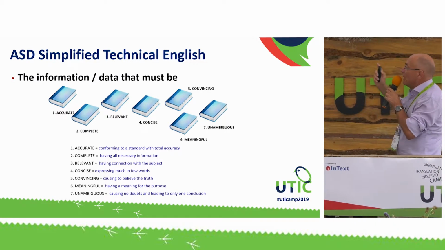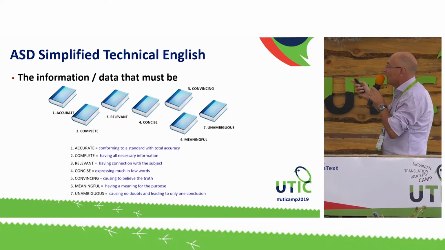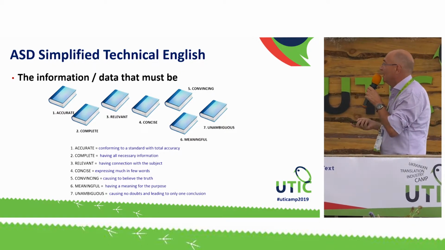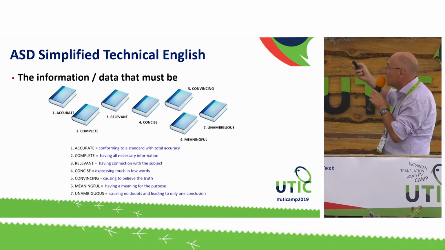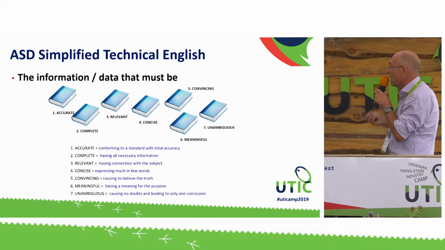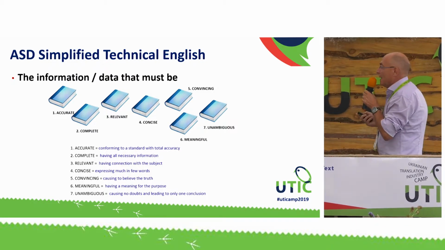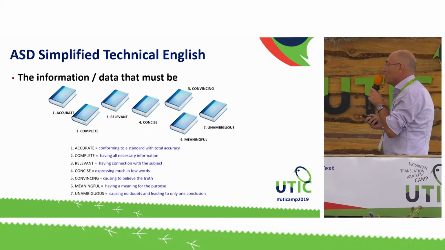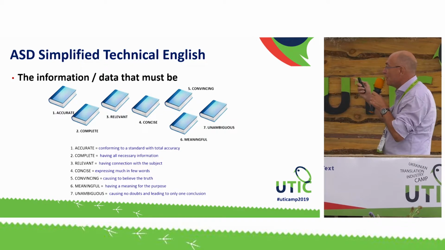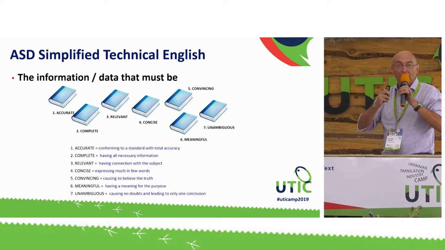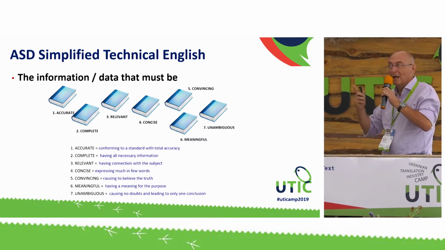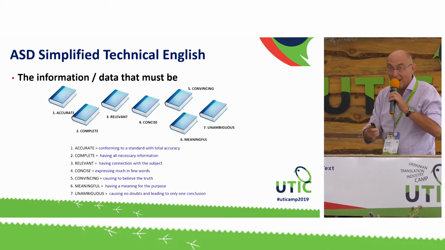And then the information and data, so the content of the manuals and of the instructions, has to be accurate, complete, relevant, and whatever. And I would say the most important one could be that they have to be unambiguous, because they have to be precise, to be followed as they are.